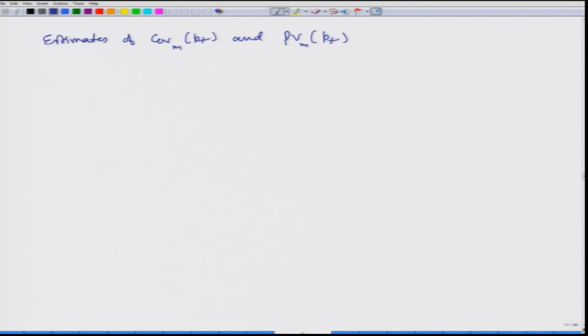In order to obtain the estimate, the rule is very simple. Simply replace sigma square by sigma square hat, which is obtained from the analysis of variance as SS residual divided by n minus k.